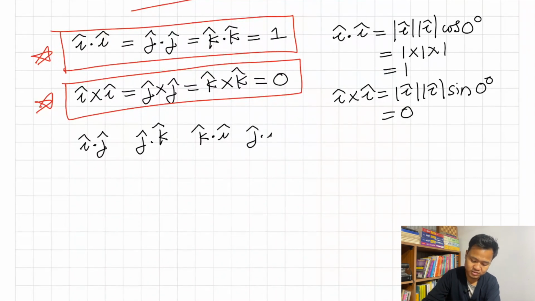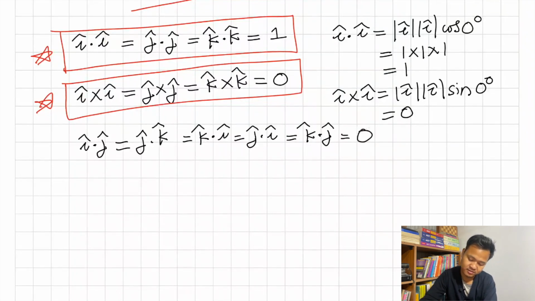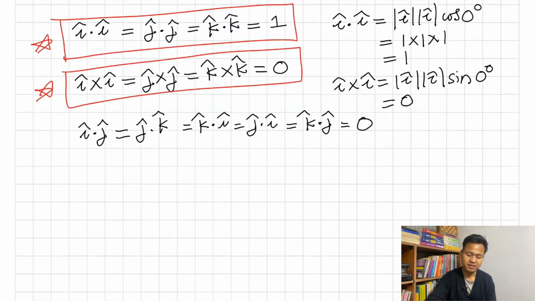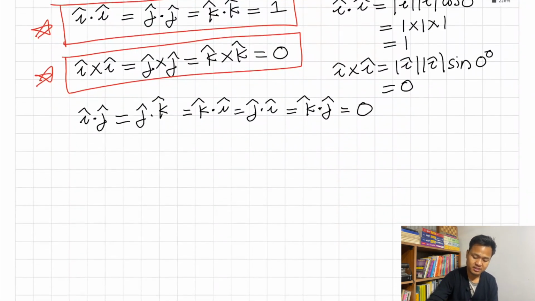All of this, so j dot i, k dot j, or i dot k, will be 0. So remember, only the dot products i dot i, j dot j and k dot k are 1, while the rest, i dot j, j dot k, k dot i, are 0.